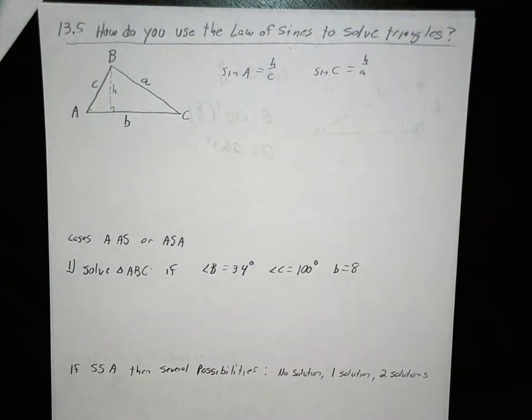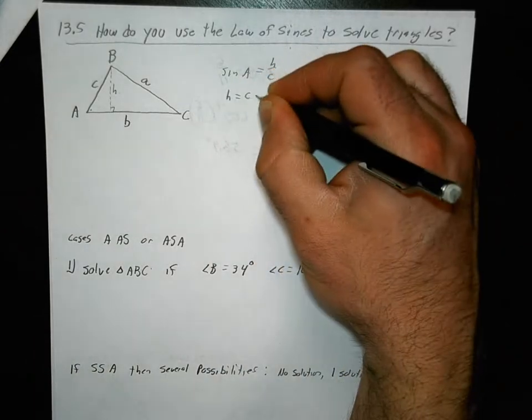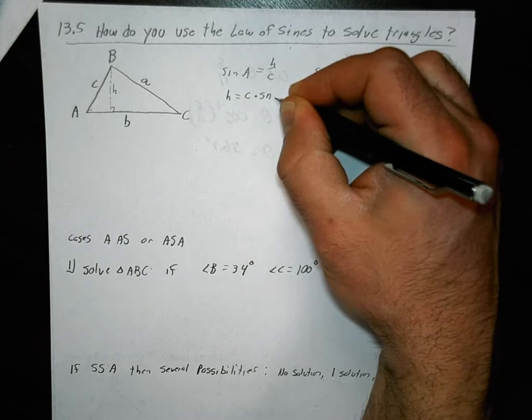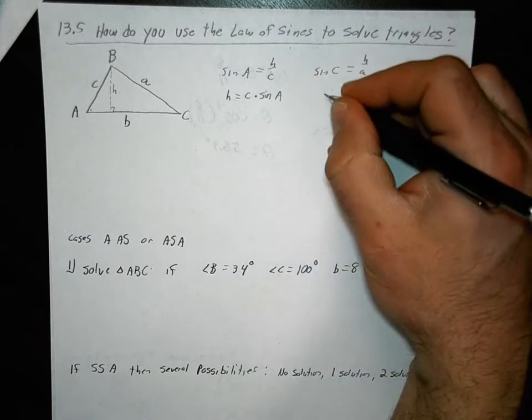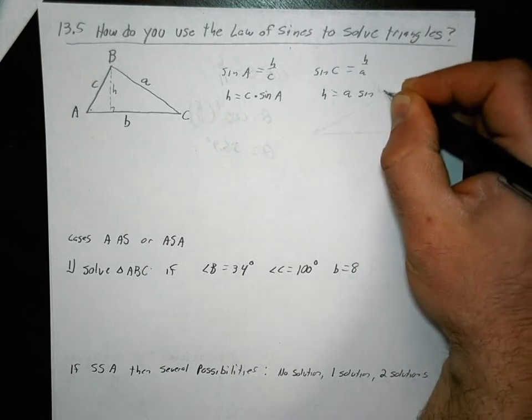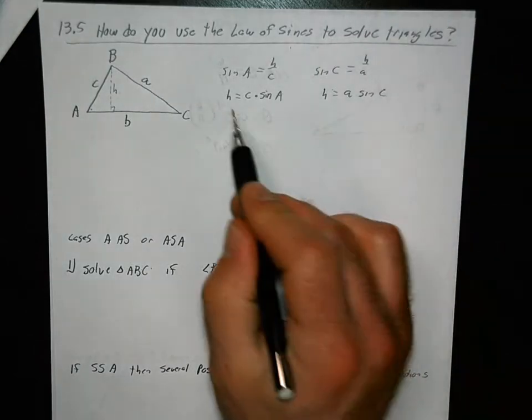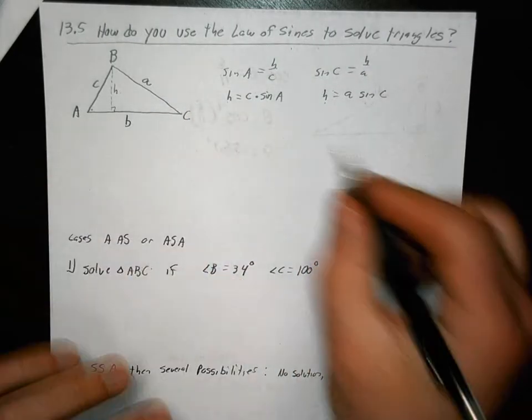If I solve both of these for H, this one gives me H equals C times the sine of A, and this one gives H equals A times the sine of C. Since they're both equal to H, I can set them equal to each other.